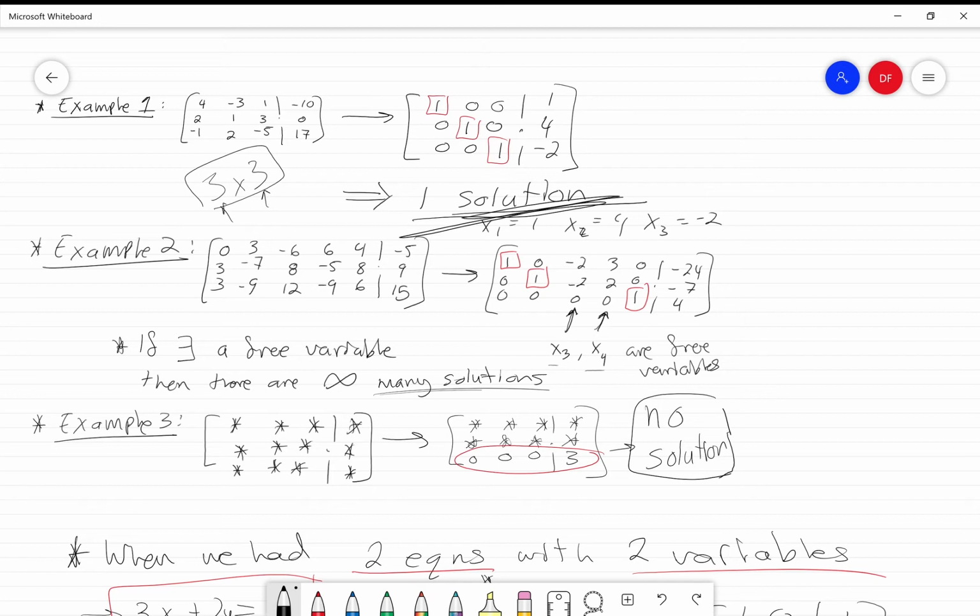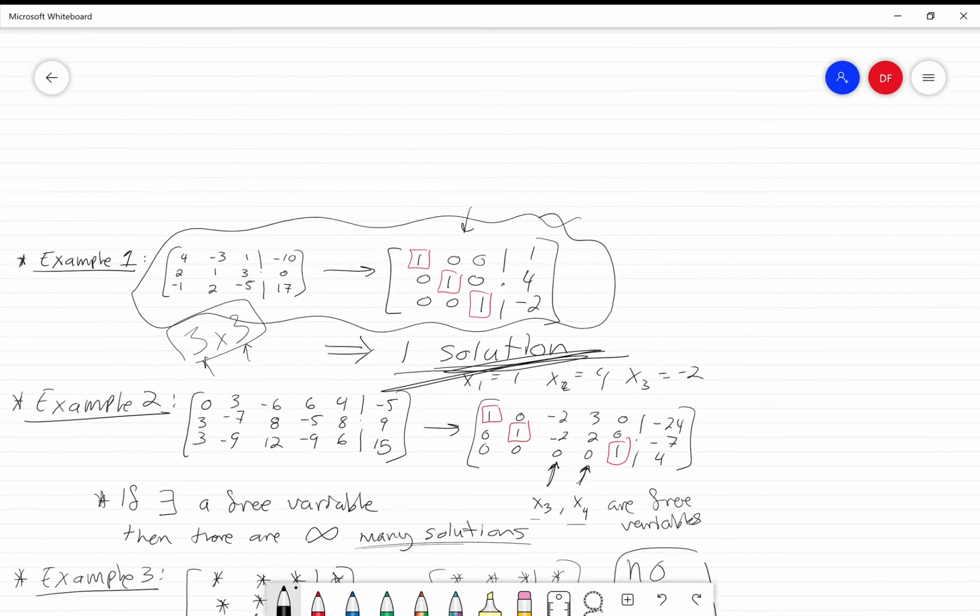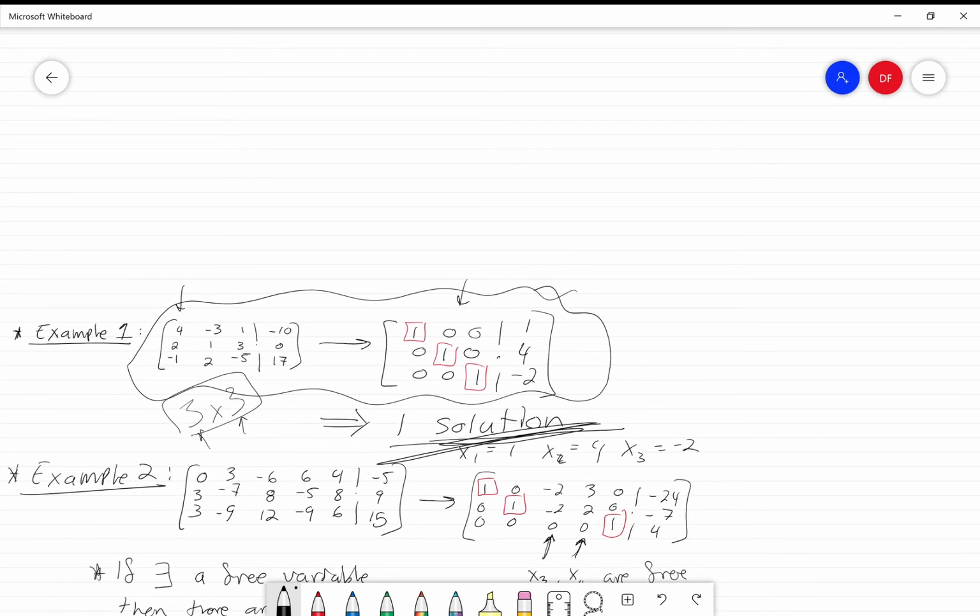For example, if I have this right here. What does it mean for this to have one solution? Actually, if I have this, let's say this is x1, x2, x3, or I can use different variables x, y, z, okay? If I have an equation like x plus y plus z equals 1, what is the shape of this?